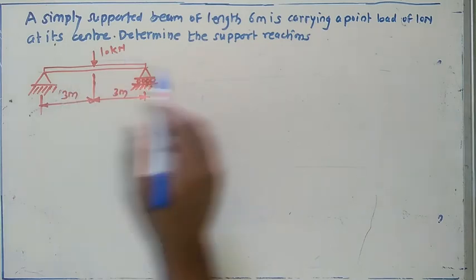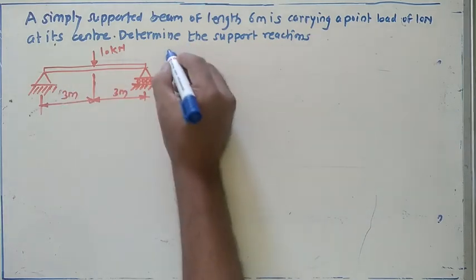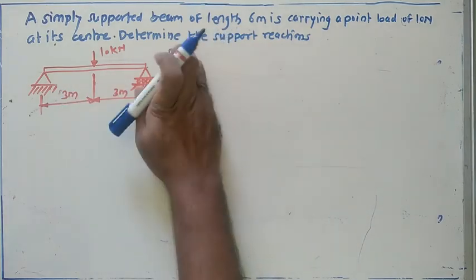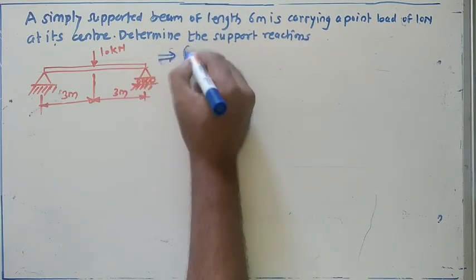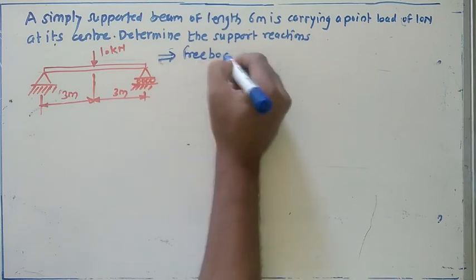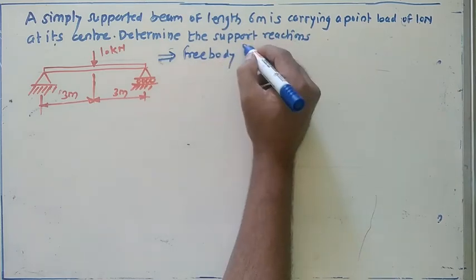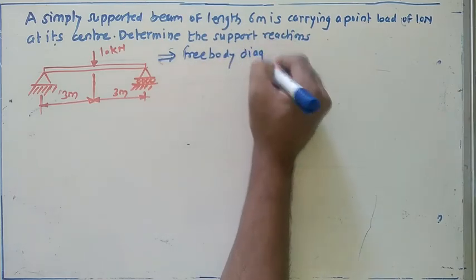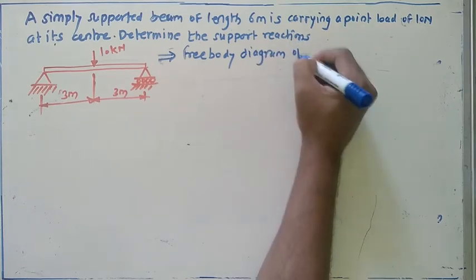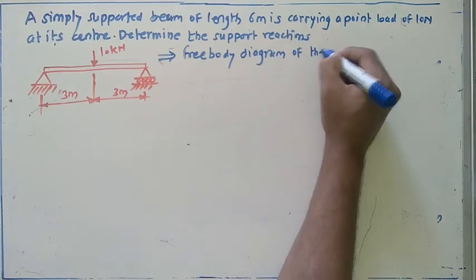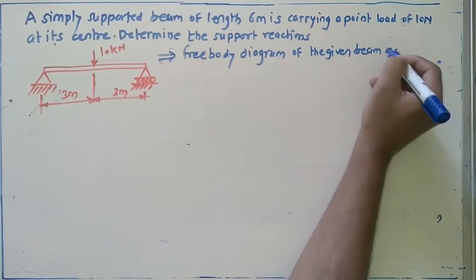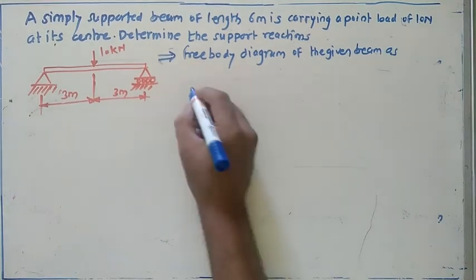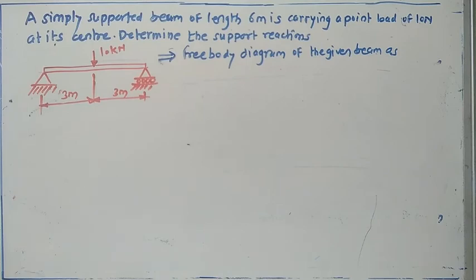First of all, you have to draw the free body diagram of the given beam. For that, just draw the free body diagram in this way.